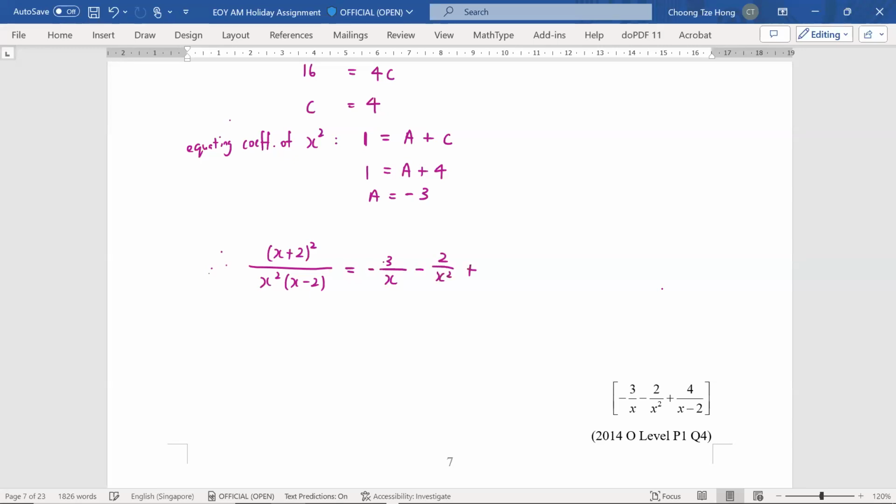And c is 4, so 4 over x minus 2. So this will be the answer for this partial fraction. We have successfully broken it up into the sum of 3 partial fractions.